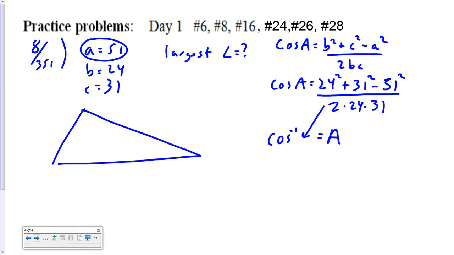When you do that, you're going to find that A is approximately 136 degrees.